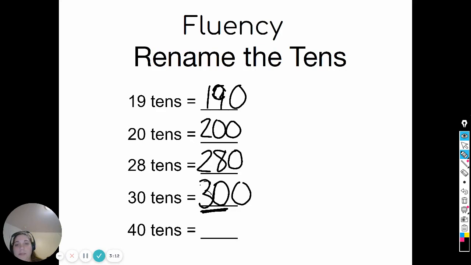Forty tens. 40 tens would be 40 with our 0 in the ones place. So 40 with the 0, 40 tens equals 400.